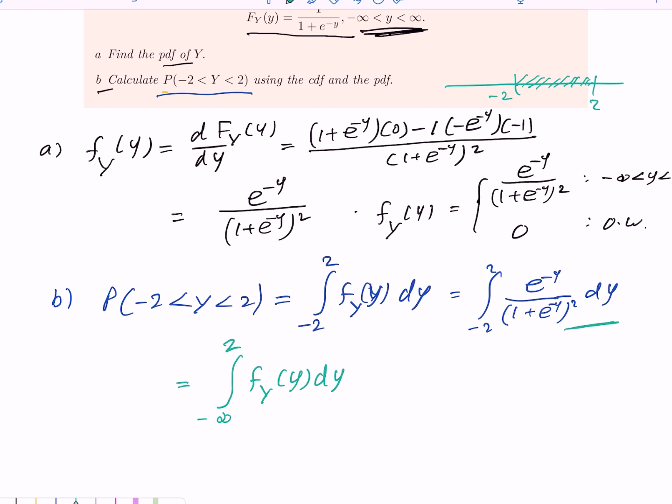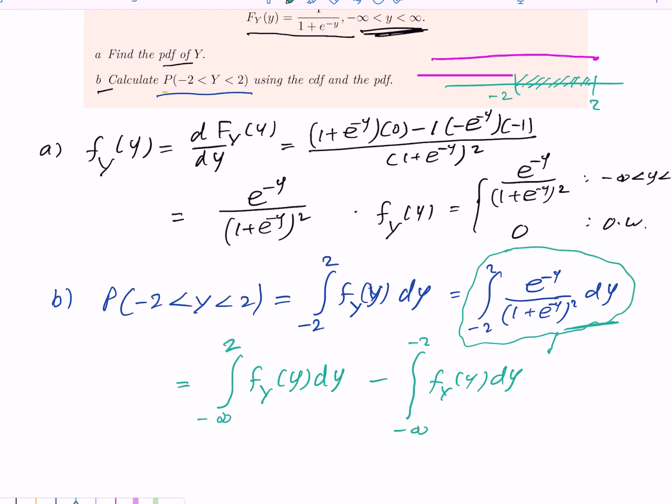Then that means negative infinity to positive 2 covers from here to here, right? Then I write negative infinity to negative 2 and subtract. I think you understand. So this one is negative infinity to negative 2 of f_Y(y) dy. So you see, now we get the same one here, right? This is equal to the difference of these two.